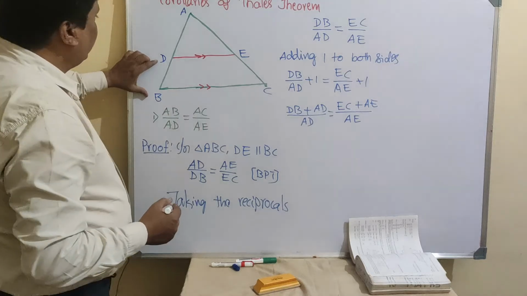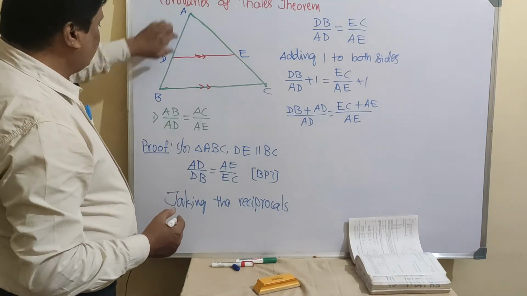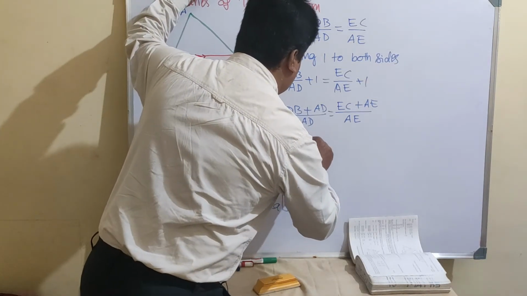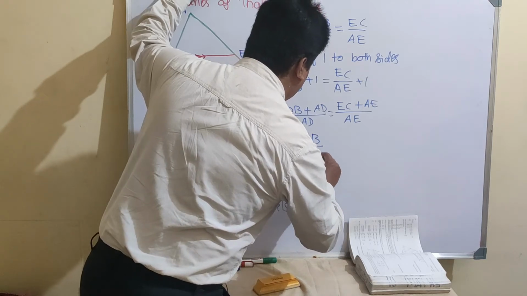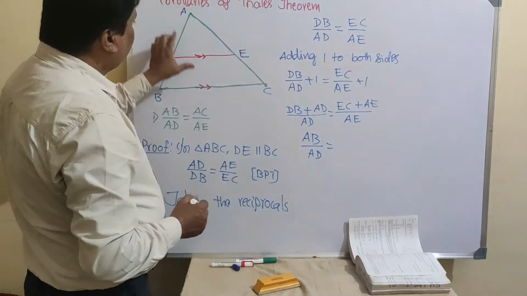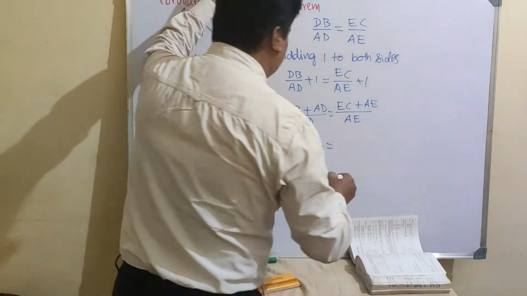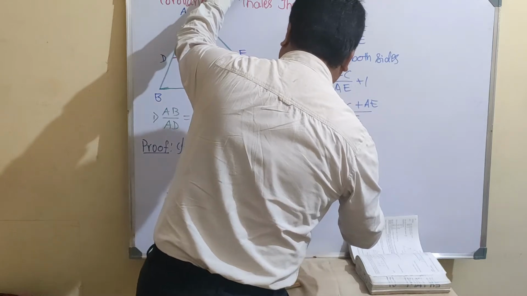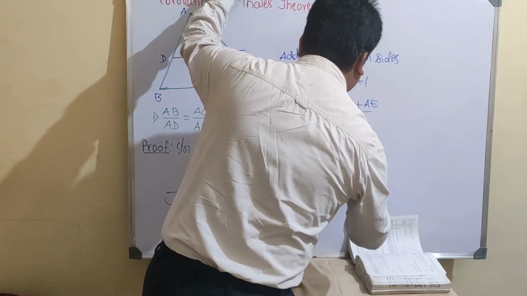Here, DB plus AD gives the side AB, so AB by AD. Similarly, EC plus AE gives the complete length AC, so AC by AE.